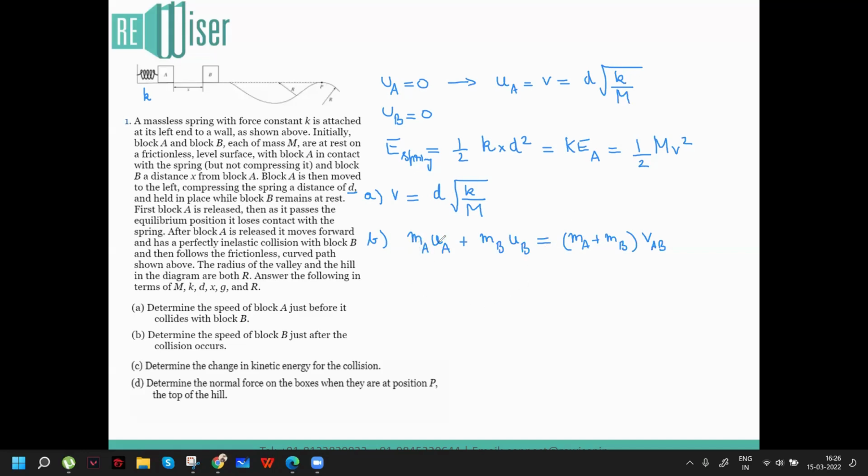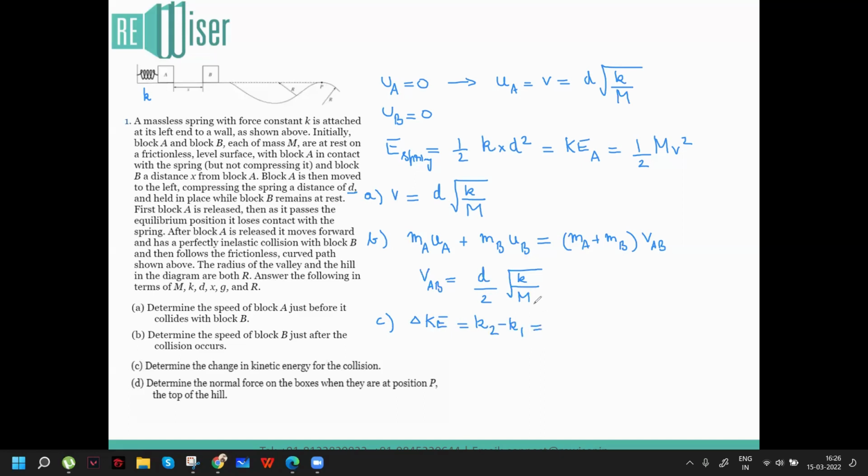When we substitute the values of MA and MB as capital M, and UA and UB as stated, we get the final expression for VAB simplified to be equal to d divided by 2 root k divided by capital M. Moving on to part C of the question, we are asked to determine the change in kinetic energy for the collision. To find the change in kinetic energy of the collision, we use the expression change in kinetic energy delta KE is equal to K2 minus K1.